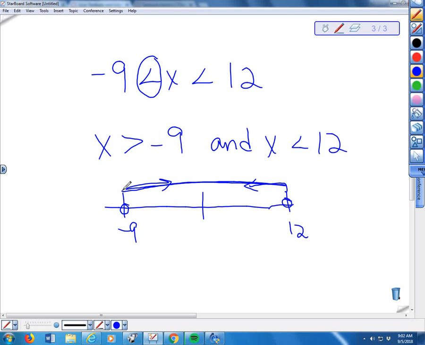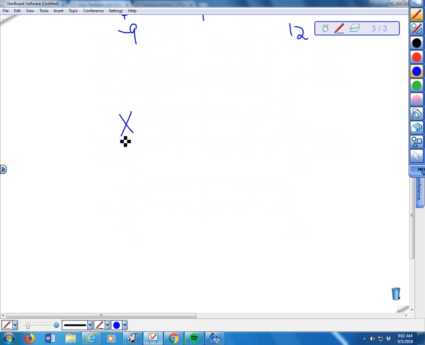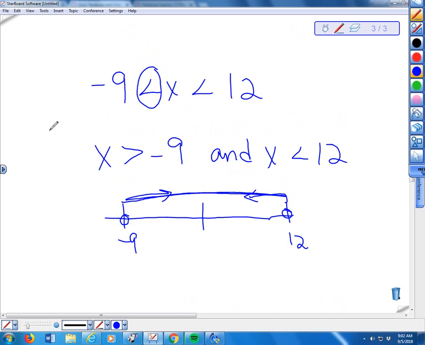Okay. If I had an OR, again, I would read this as x is less than negative 9 or x is greater than 12. The OR are a little easier to figure out because they usually have the word OR when they're written. This one doesn't have the word AND, but if x is between the two numbers as it's written, you put the word AND in.